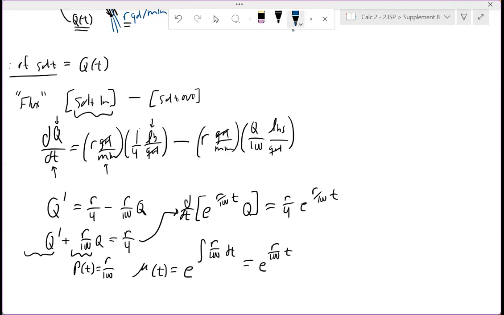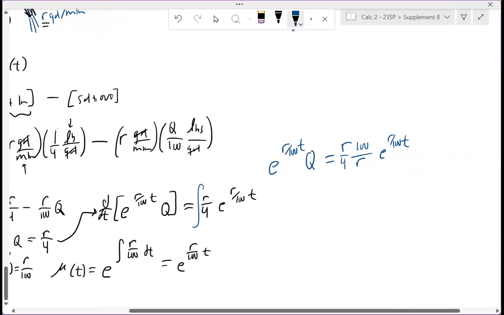I can integrate both sides, and I get e to the R over 100t q equals integrating this right-hand side, integrating the exponential brings down 100 over R. And I don't want to forget my arbitrary constant.